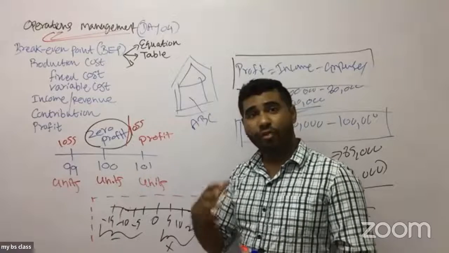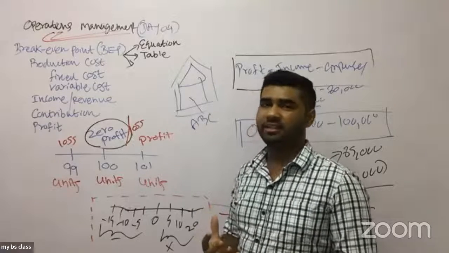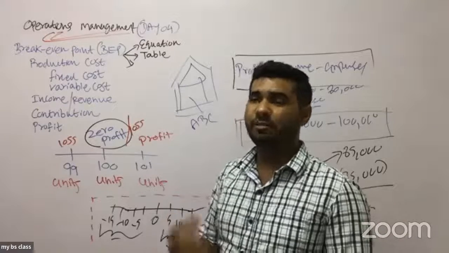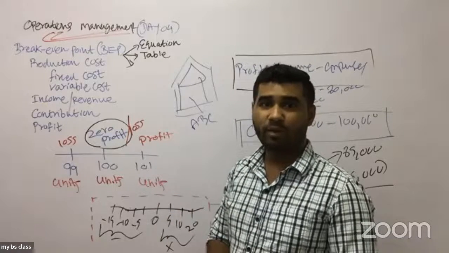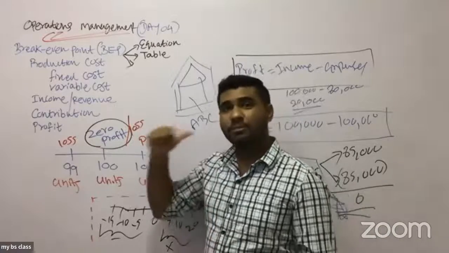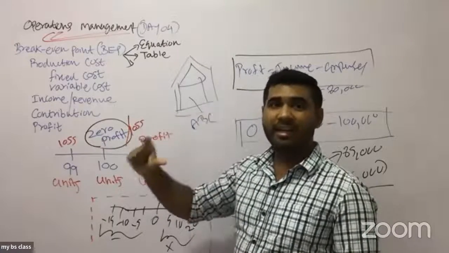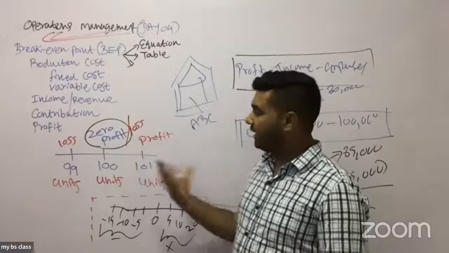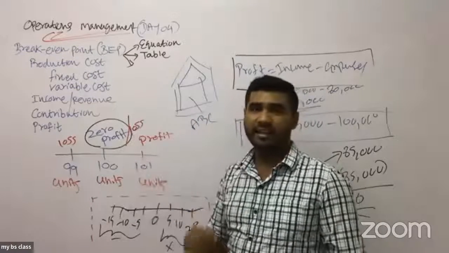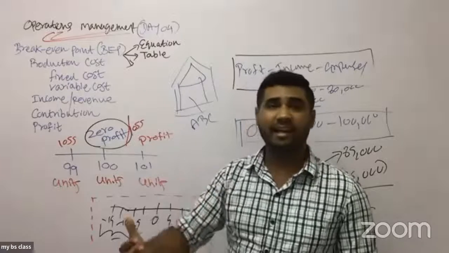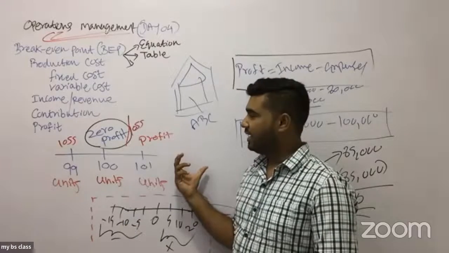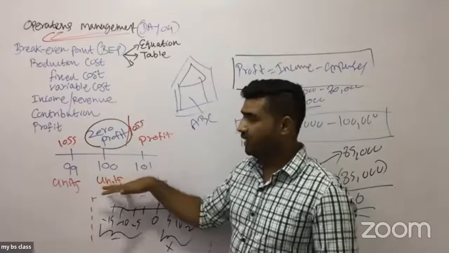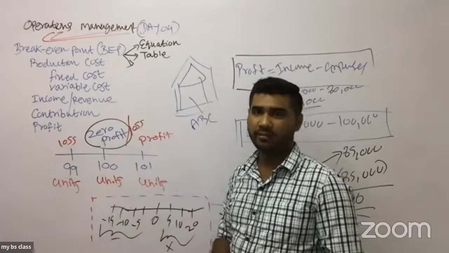Likewise, for a business, for an organization, achieving the break-even point is also kind of an achievement, accomplishment. Why? Because the next moment, when you sell an additional unit, all are profits. break-even point reach උනාට පස්සේ ඔයා කරන හැම sale එකක්ම profit, right? So it's a kind of achievement for an organization to achieve the break-even point number of units, right?